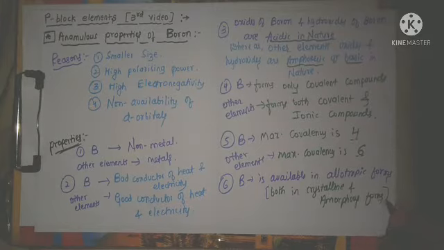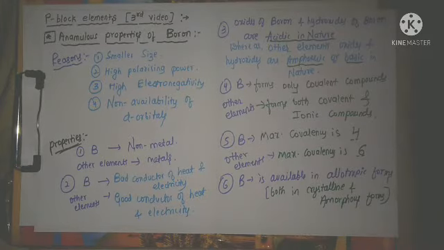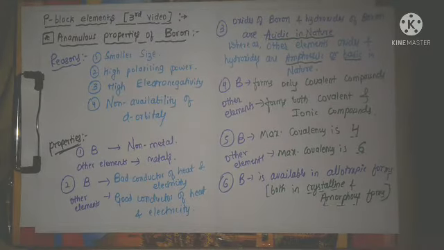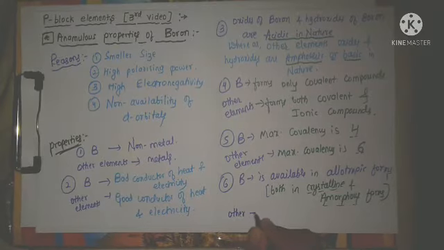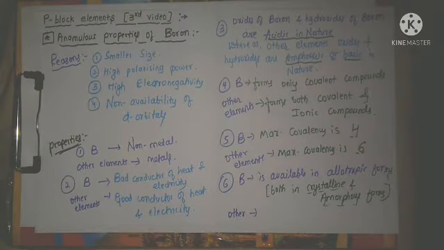The allotropic forms of boron are available both in crystalline and amorphous forms, whereas other elements are not available in the allotropic forms.